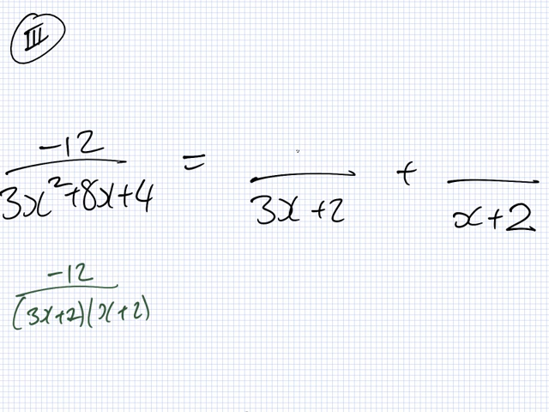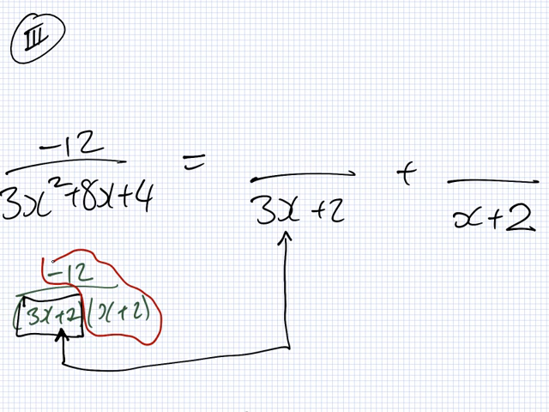If I want this one, I look at this, and I match it up here. What value do I choose for x to make this piece here 0? Minus 2 over 3. So I put minus 2 over 3 into this fraction here, and that will give me the number that goes on the top here. Take out the calculator, type this fraction in, and then replace the x with minus 2 over 3.